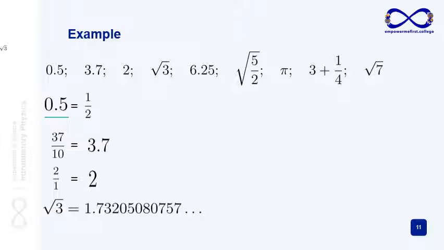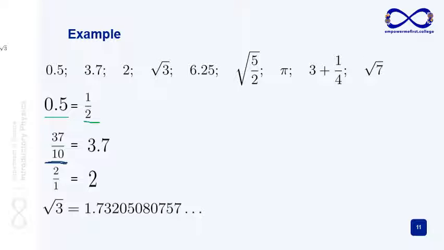So you can turn this decimal number into a fraction. 0.5 is equivalent to a half. Since I've given you a hint, try to determine whether 0.5 or a half is rational. Then we have 37 over 10.